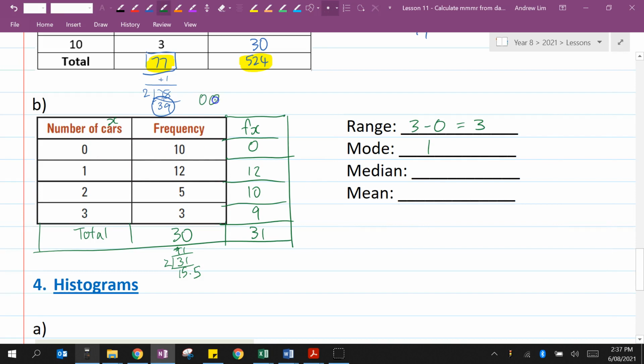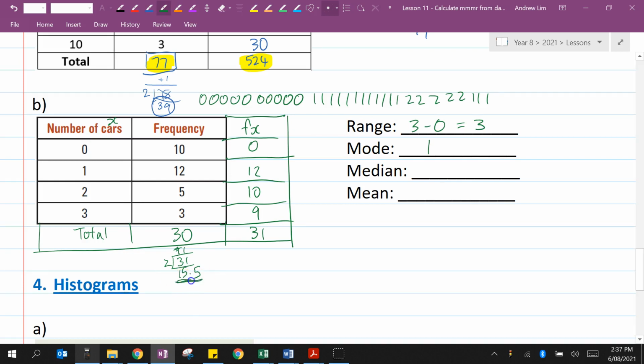It's like saying 0, 0, 0, 0, 0, 0, 0, 0, 0, 0, and then there are 12 ones, and then there are 5 twos, and then there are 3 threes. I don't want you to write it out like that in order to find a median, but I'm just showing you what it looks like.